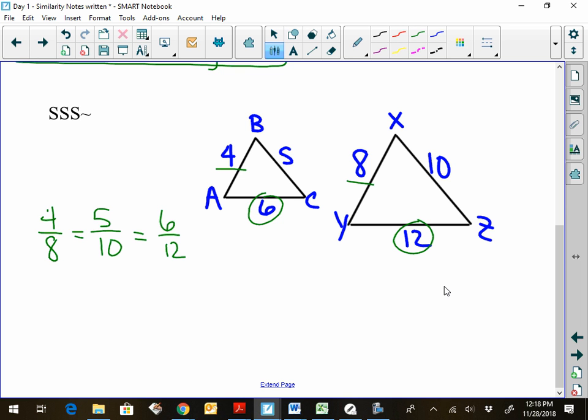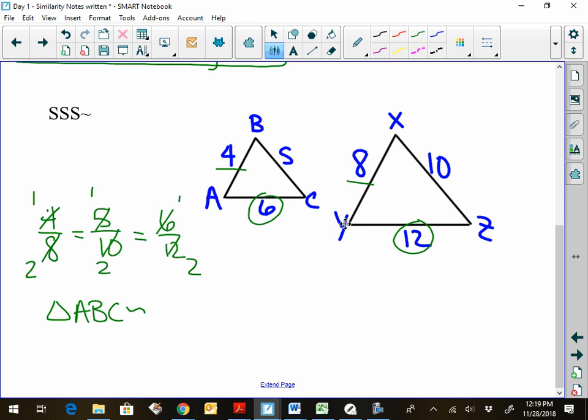So when I reduce these, I notice that I get 1 over 2 equals 1 over 2 equals 1 over 2. So these are similar because I get the same scale factor for all of them. So I can say triangle ABC is similar to, and notice how I started between these two symbols.